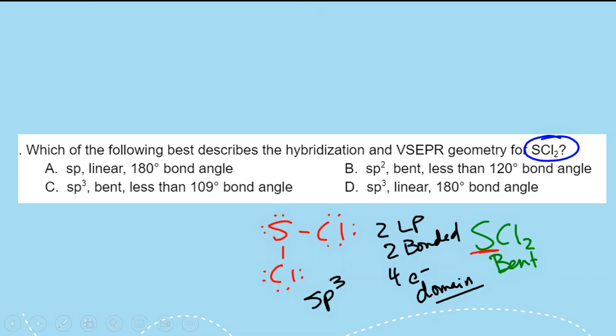It would be C, because remember the idealized bond angle for tetrahedral domain, or the 4 domains, is 109.5. So because of those lone pairs, it should be less than that, should be decreased. So the best choice there would be C. Okay, so when in doubt, draw it. Of course, if you can recognize it and visualize it without having to draw it, that's speedier and better for your time.